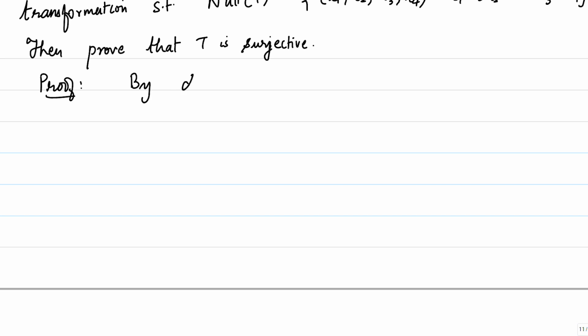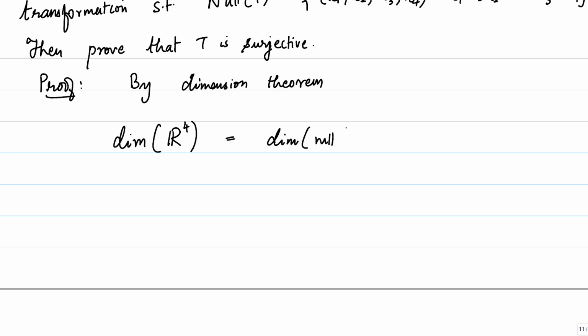By the dimension theorem, what is the domain of T? Dimension of the domain, which is R4, is equal to the dimension of the null space of T plus the dimension of the range of T.